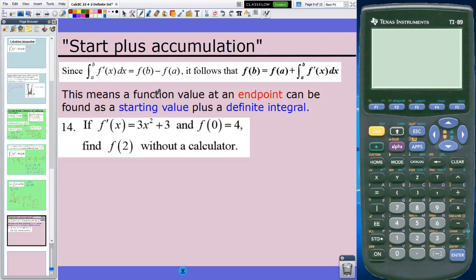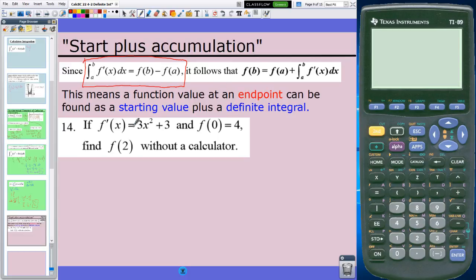All right. So another thing you can think about is, since the first fundamental theorem of calculus is this, we could rearrange this and say f of b is f of a plus the integral. And this might be useful if you know where you were at the start and you want to figure out how much you've accumulated at the end. So maybe a different way of writing the formula.